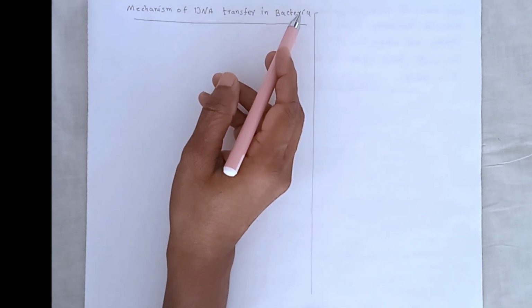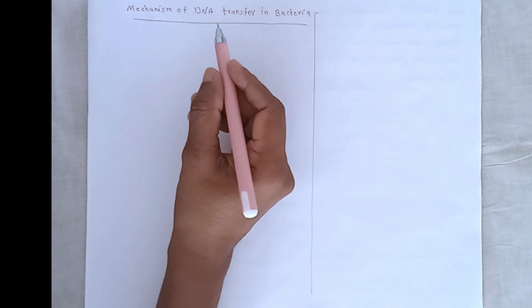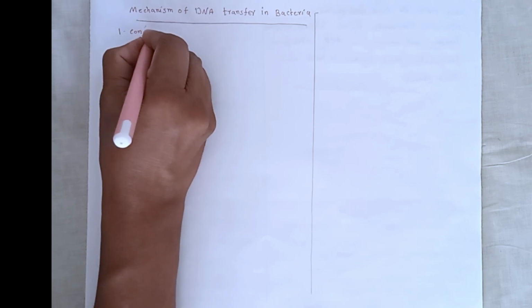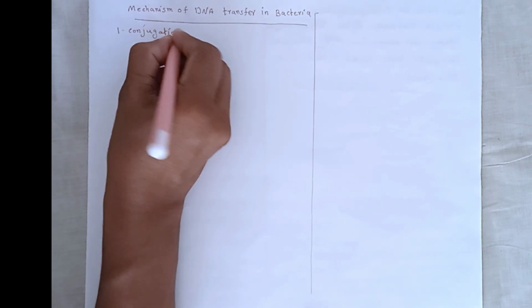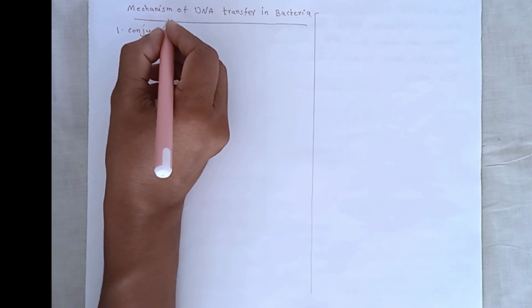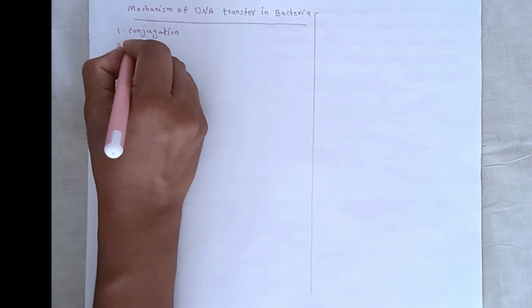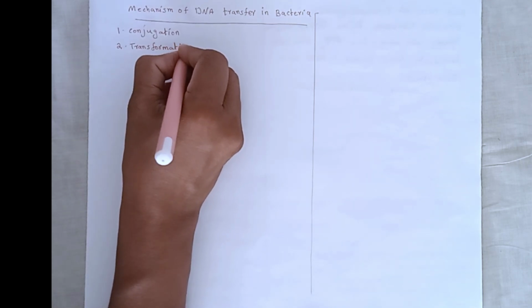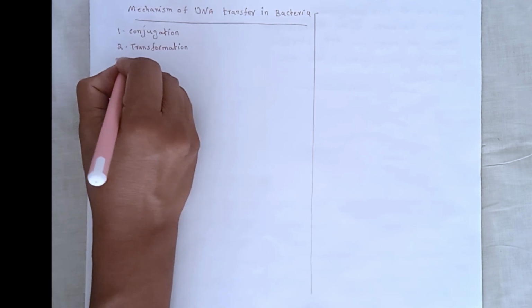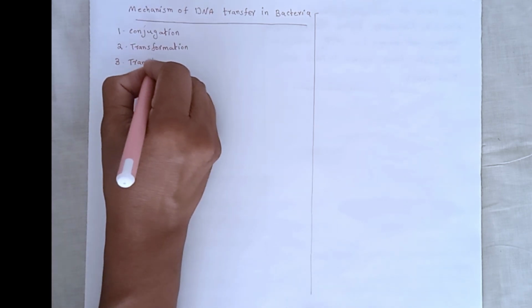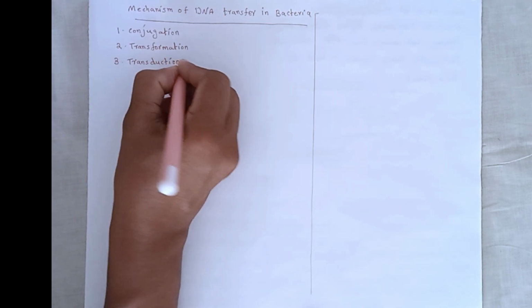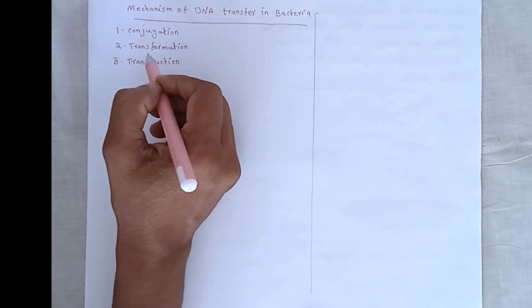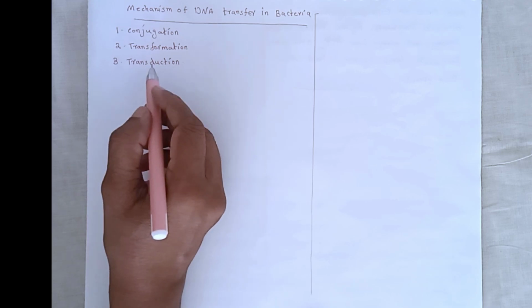There are three mechanisms of DNA transfer in bacteria: first, conjugation; second, transformation; and third, transduction.